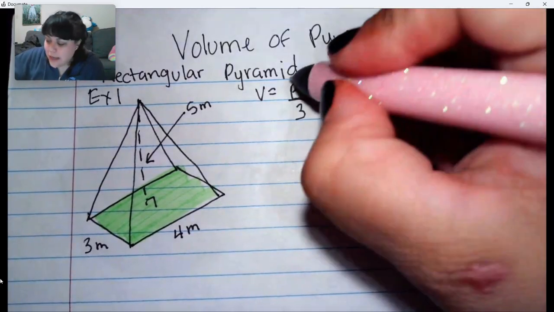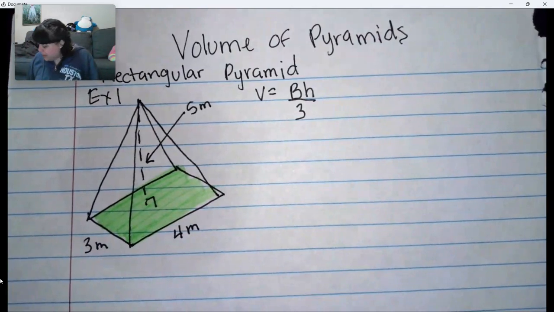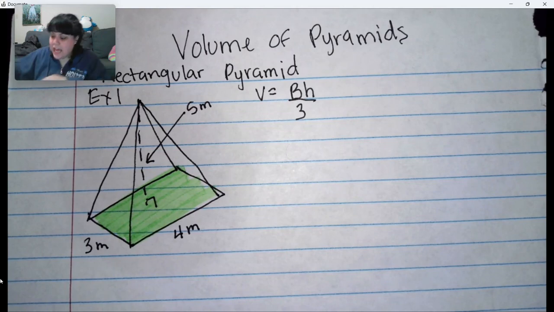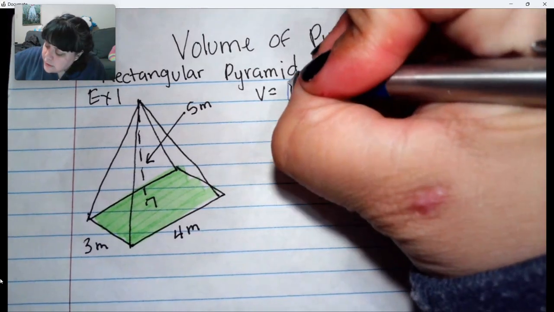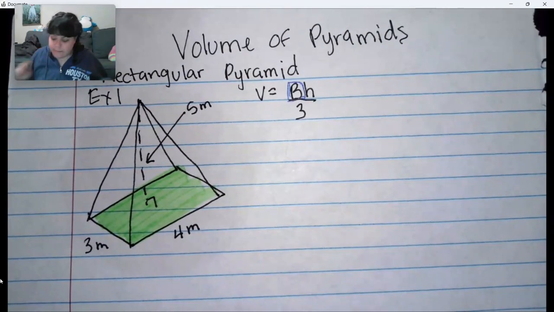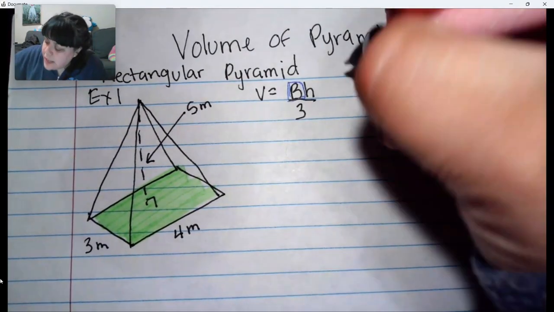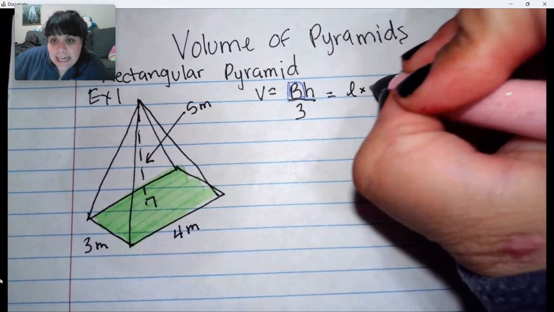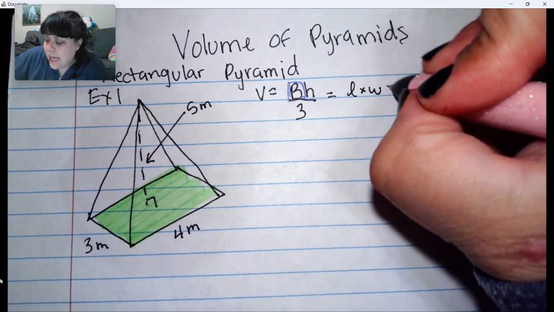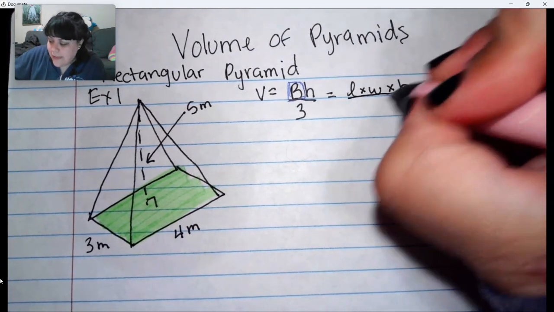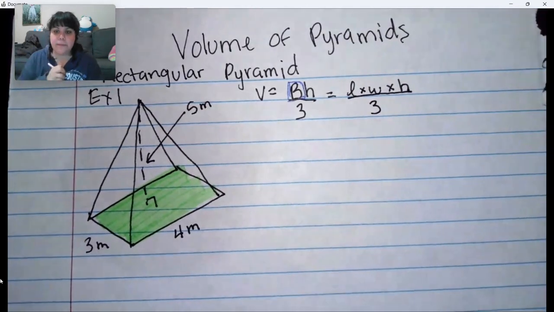All right, so I'm going to put a rectangle around my B because it's the area of my base. And area of my base is length times width, times the height of the pyramid itself, divided by 3.